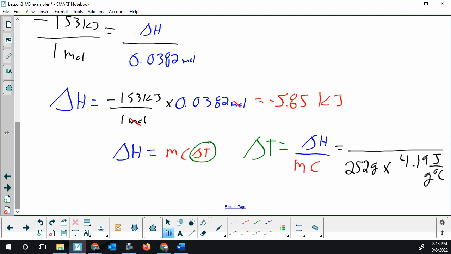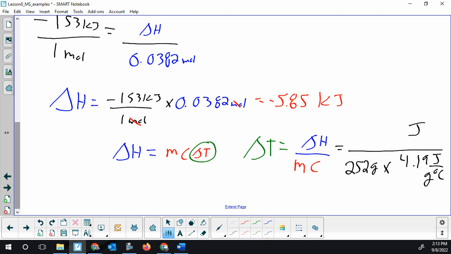Delta H I need to put in. This is where I have to watch. Delta H right now is in kilojoules, but my C is in joules. A lot of students, if you find you get an answer and you're off by 1,000 times when you check the solution, go back to your work and look for a joule kilojoule mismatch. So I want this in joules so I can cancel down here.